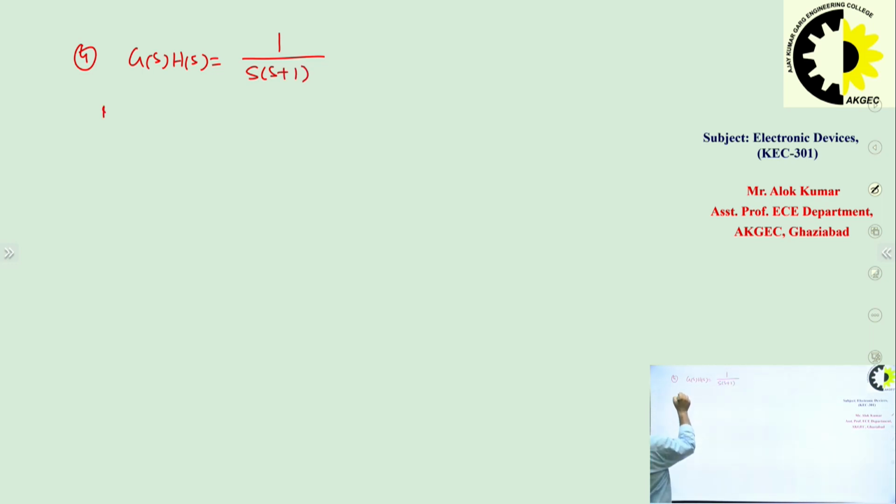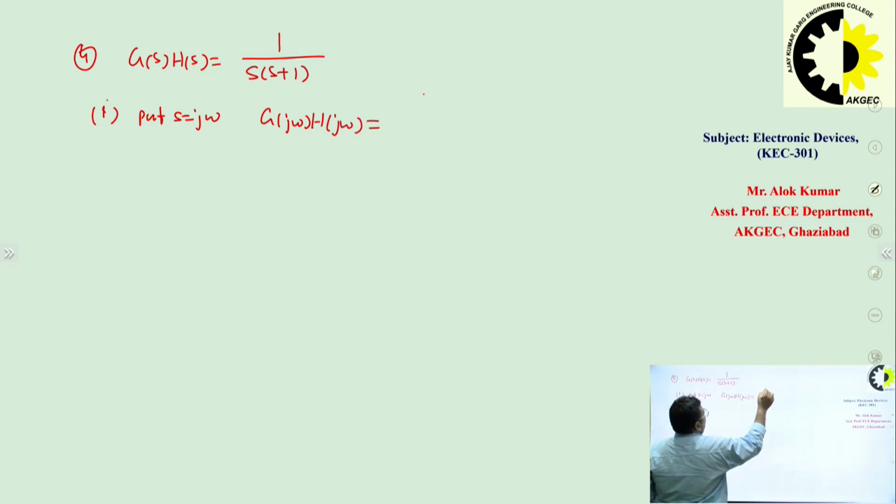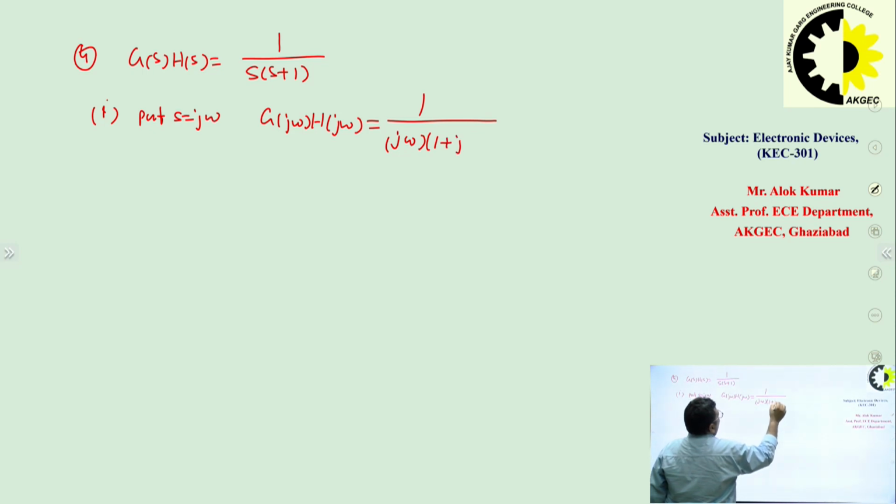For this case, the first step is put s is equal to j omega. So we will have G of j omega, H of j omega is equal to 1 upon j omega into 1 plus j omega, right?